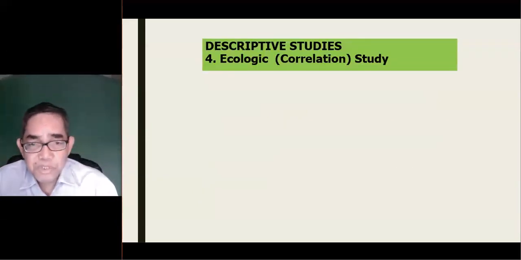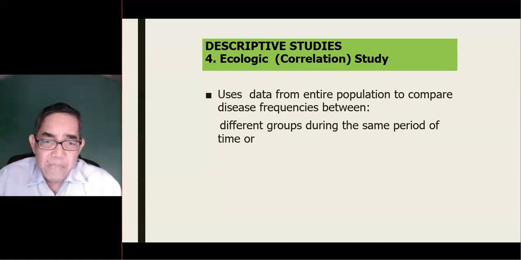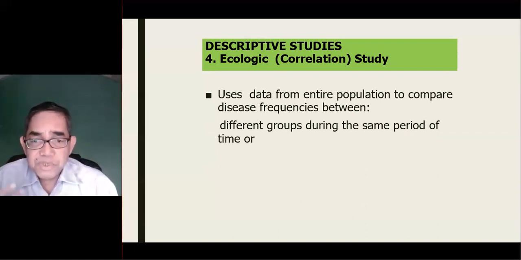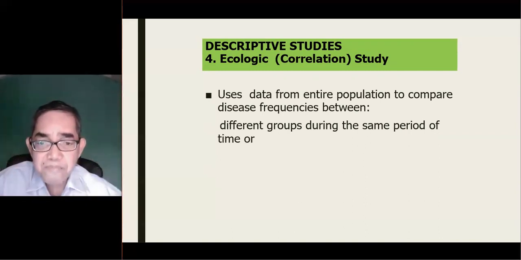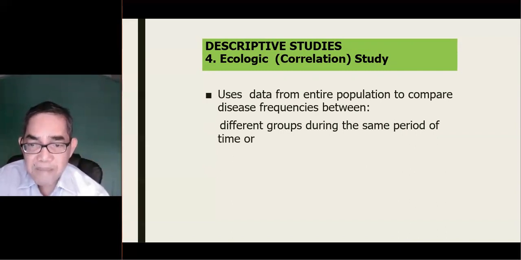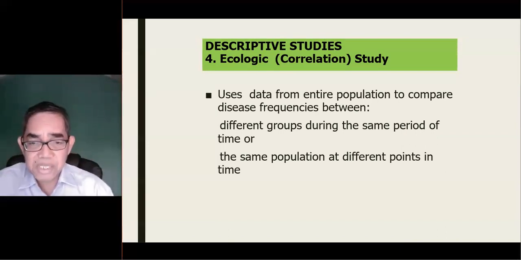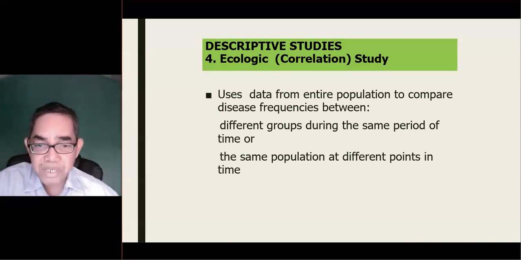Now, let's go to the fourth epidemiologic study, the ecologic study, or the correlation study. In an ecologic study, we use data from the entire population to compare disease frequencies between different groups during the same period of time, or the same population at different points in time. The unit of measurement in an ecologic study is the entire population.